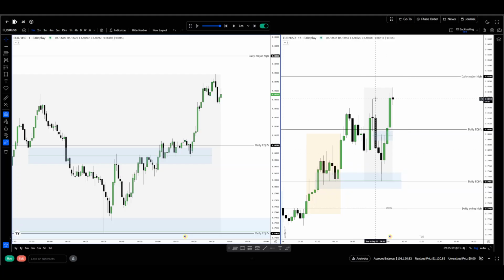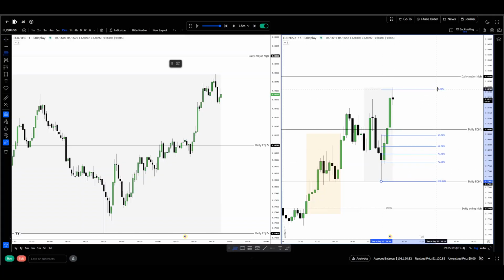And now we have a body close above this high. So we have a new dealing range from this low, because it took this sell side, took the buy side dealing range. But I'm not sure it will go back all the way to 50%. No, it's too far. I don't think so.